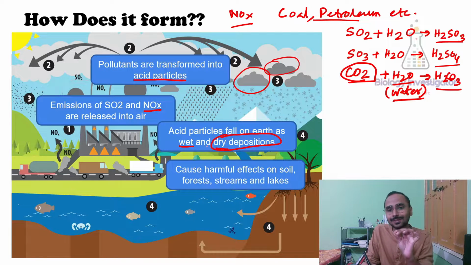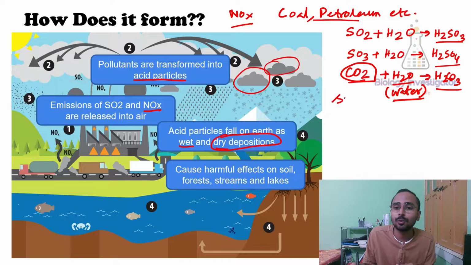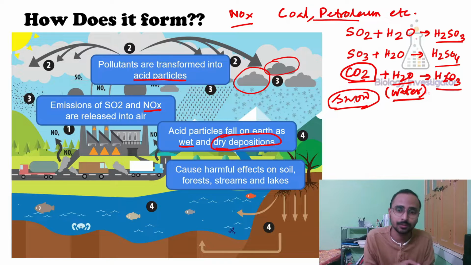Sometimes these acid particles form some solid particles. They can be present in the form of snow. So when snow falls on the ground, it falls in the form of solid material, right?